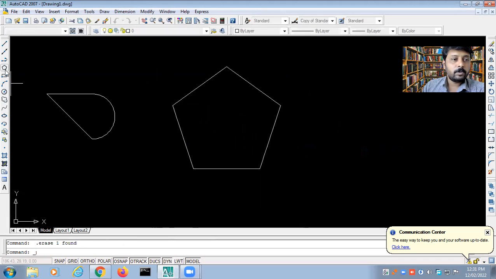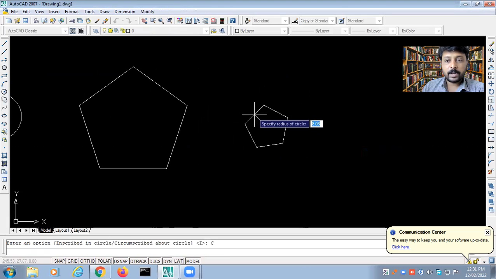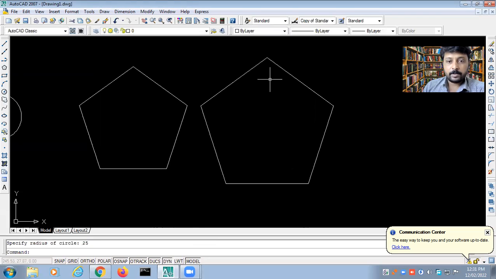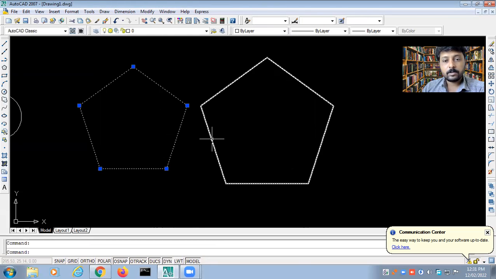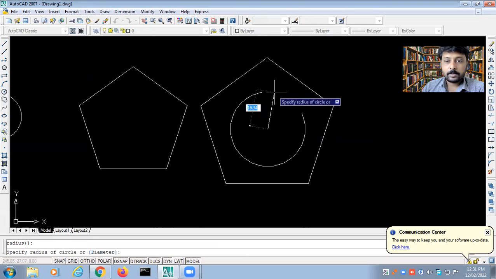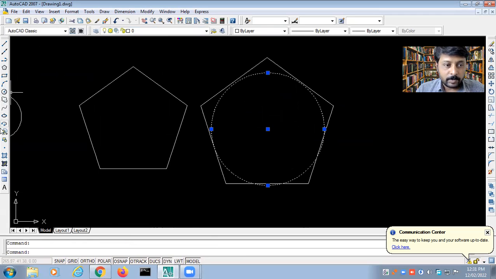Now suppose I want to draw a polygon, a pentagon. Enter the side 5, then circumscribed. Now I will take the same dimension 25. Now what happened? This is also 25 radius. This is also 25 radius. So what happens when I take a radius of 25. See, actually this is how it happens.